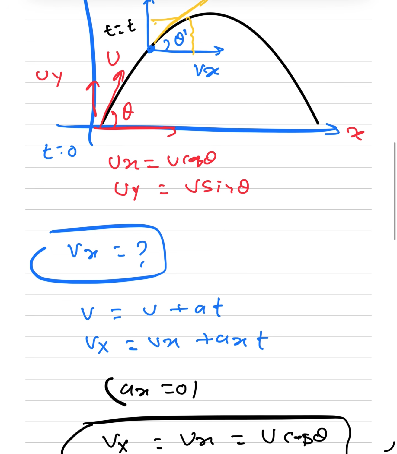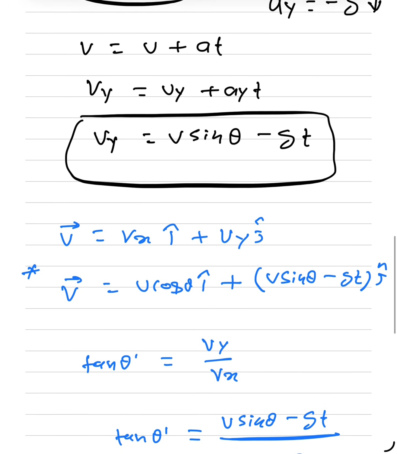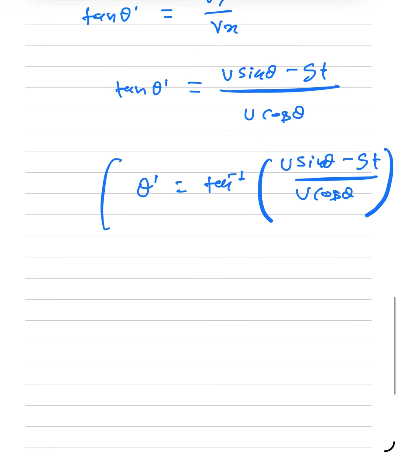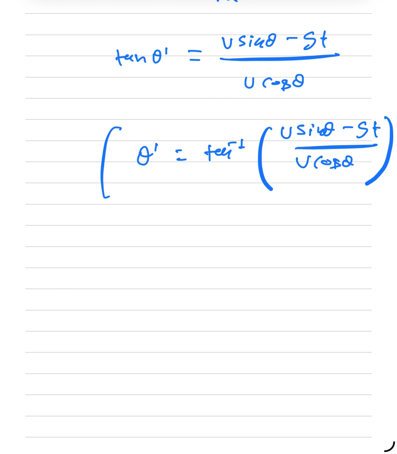This is the angle of the velocity after t time from the projection, theta dash, and here theta is the initial angle. This is a basic concept of projectile velocity and also its components.